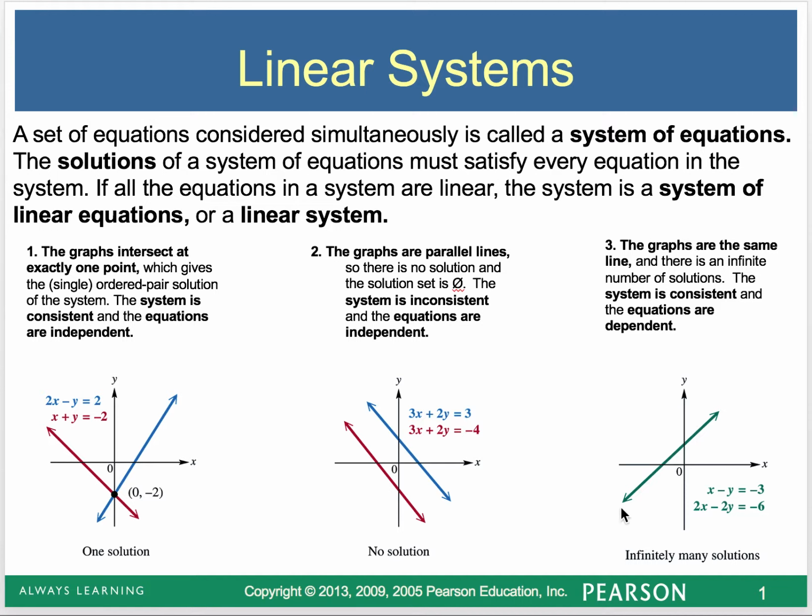Or they could in reality be the same line, just look different. Think about this: if I divided this equation by 2, it's really the same equation. And therefore there'd be an infinite number of solutions because every point on one line would be a solution to the other equation.